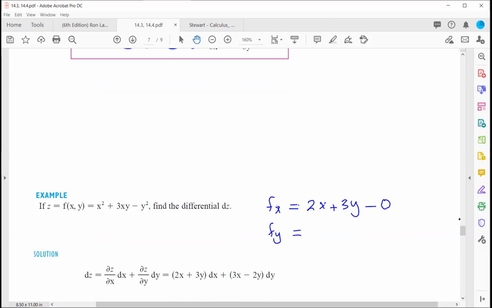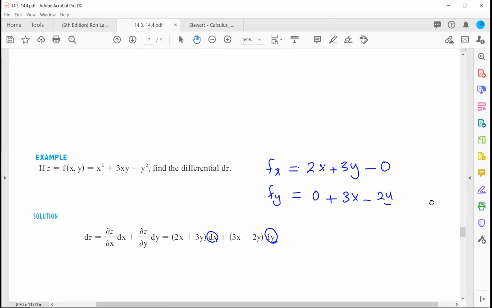Now you take the derivative of function f with respect to y. The first term has no y in it, so it is 0 plus 3x minus 2y. And you have to copy down dx and dy because these show the direction of the function. Very well.